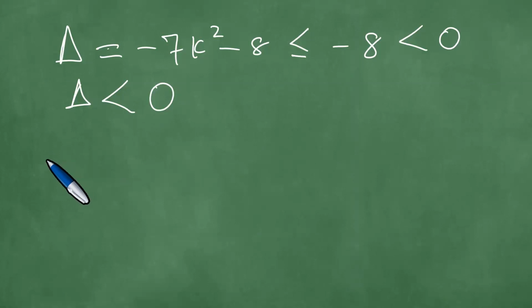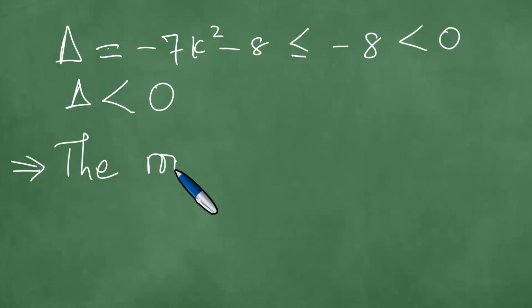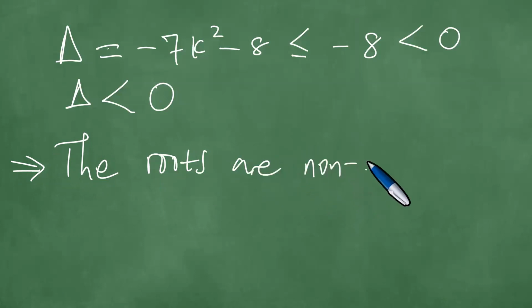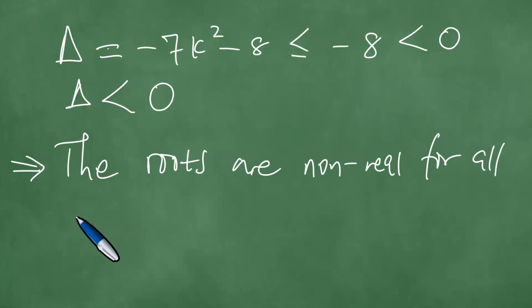Okay, if it happens that delta itself is negative, less than 0, then we are able to conclude that this implies that the roots are non-real for all real values of k.